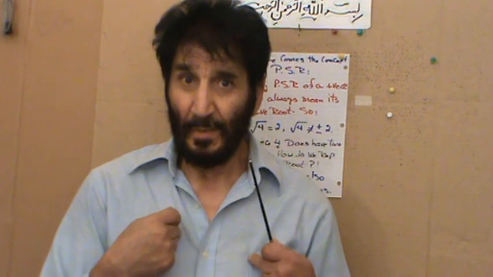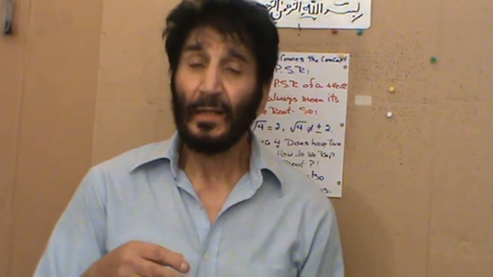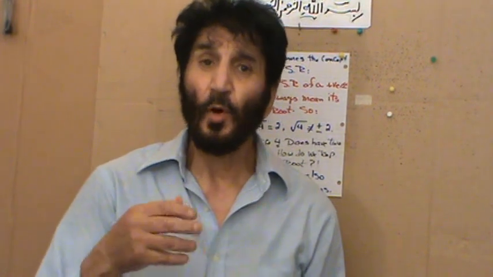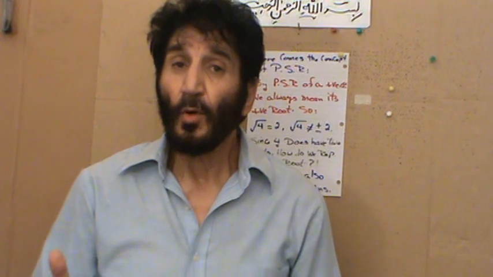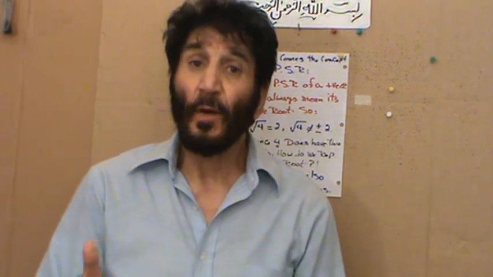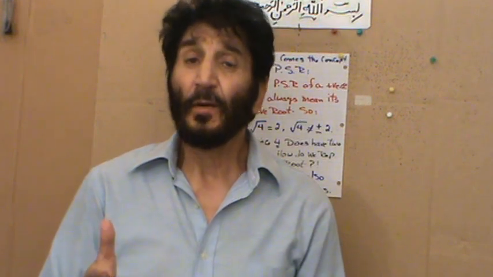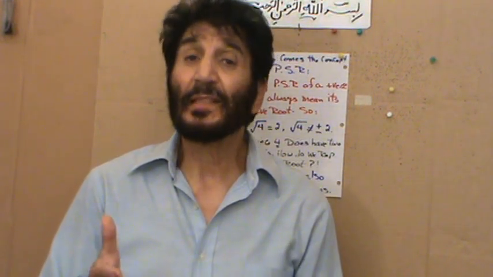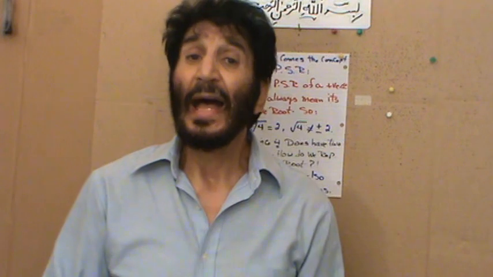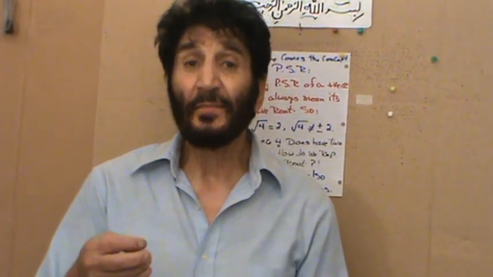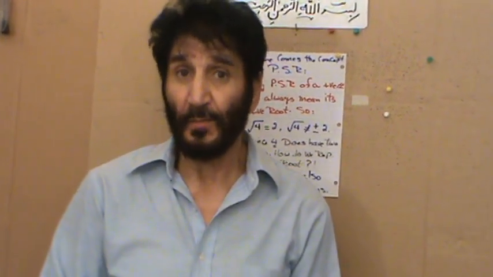I mentioned just a minute ago that every positive number has two roots. So what happens if you are in need of the negative root of that number? As a matter of fact, there are many problems in mathematics where we do need the negative roots, and there are problems in mathematics where we need both of the roots of the positive number.